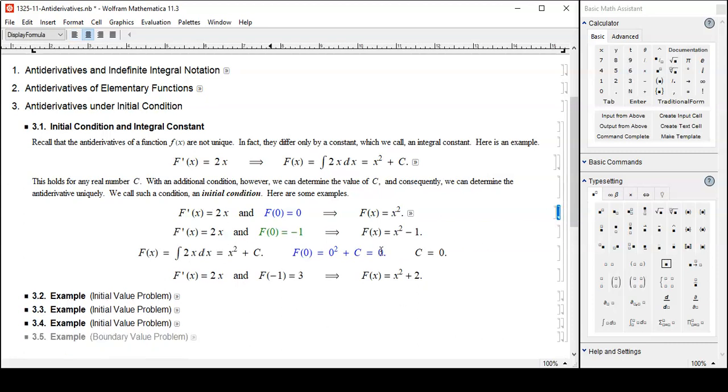F of 0 is now -1. And consequently, c is -1. This is supposed to be plus c, but c is -1, so plus c is same as subtracting 1, and that's how you get the unique solution.